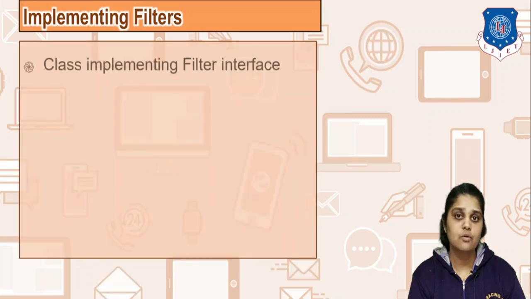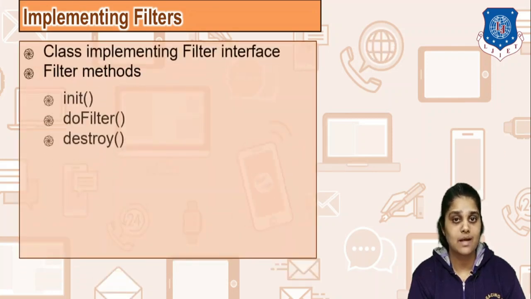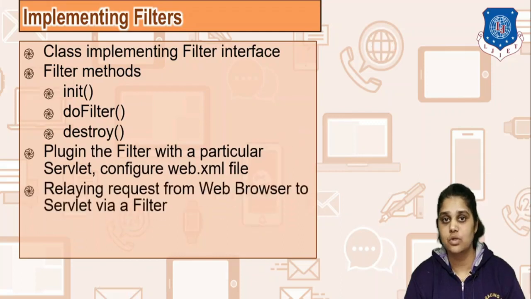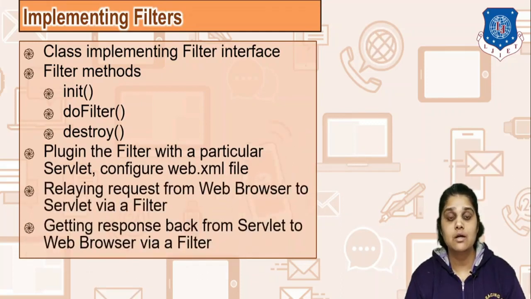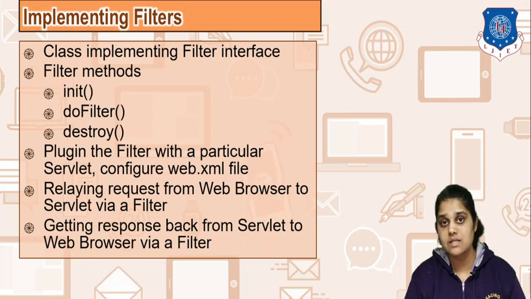What we are going to do in the demo session or practical session is as shown in this slide. You are first going to create a filter. This you can do by implementing the Filter interface. Any class that you make is implementing the Filter interface.